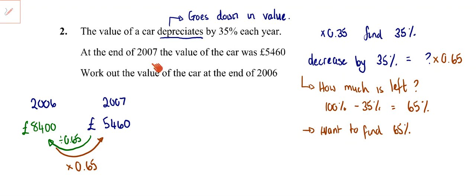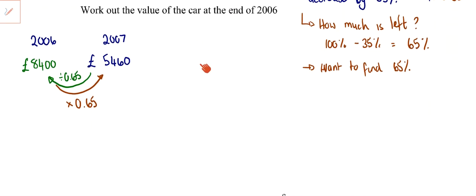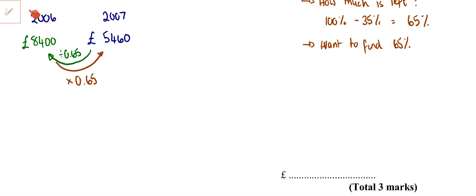Now, I'm going to get you to write something down. You've got space on your sheet. This is important actually, I'm going to write this in pink. I'm going to say there's a common mistake.